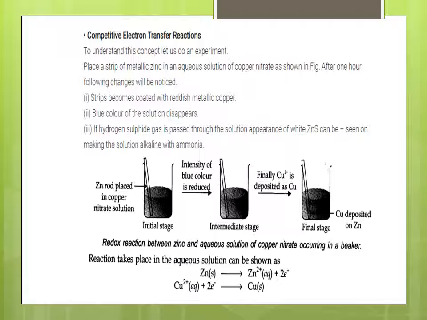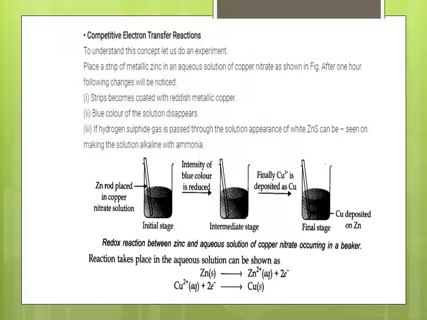Number 1, the strip becomes coated with reddish metallic copper. Number 2, the blue color of the solution disappears. If hydrogen sulfide gas is passed through the solution, appearance of white ZnS can be seen on making the solution alkaline with ammonia.